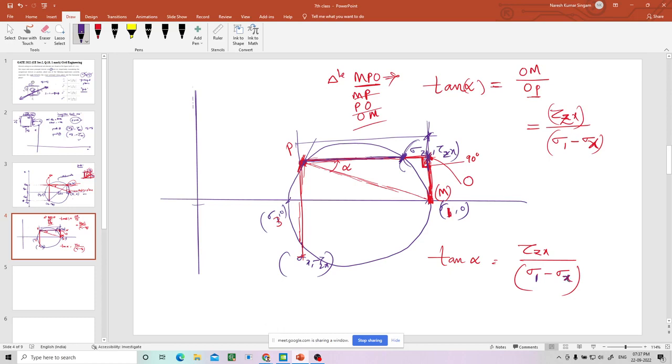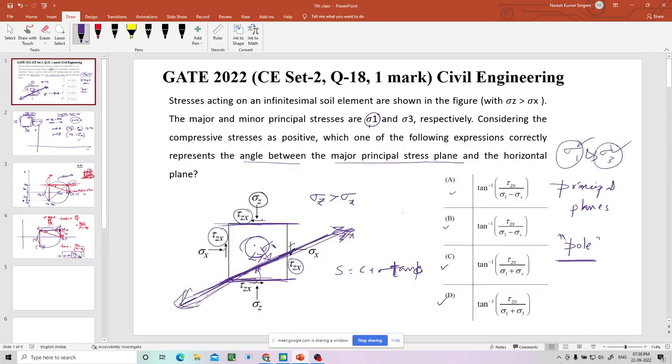So now what is alpha? Tan inverse tau zx by sigma 1 minus sigma x. Let's see what is the angle. This angle is in between horizontal line and major principal plane, right? That is the question: horizontal plane and major principal stress plane, what is the angle between them?